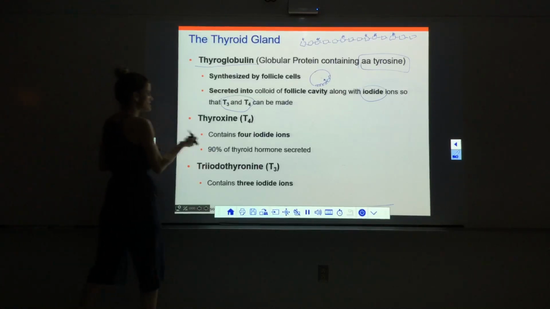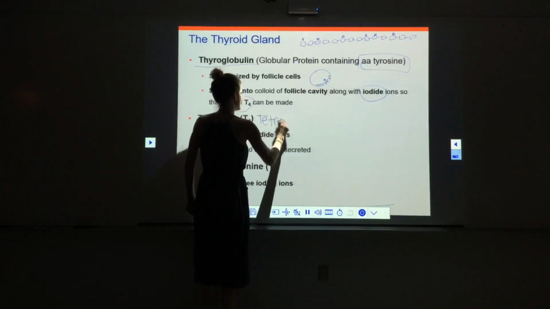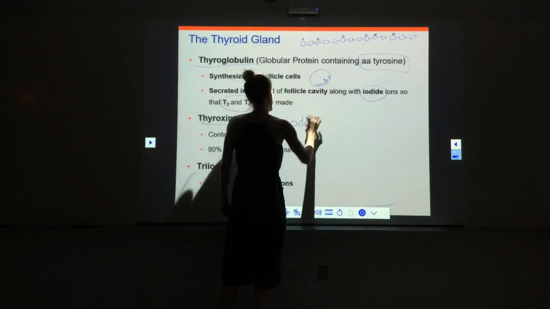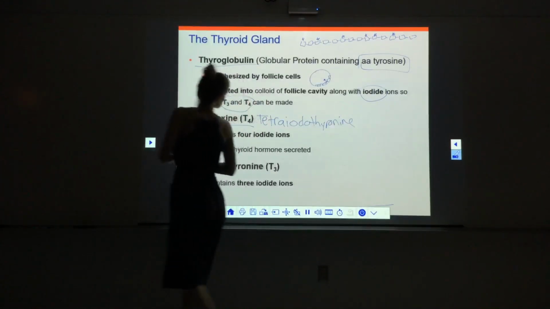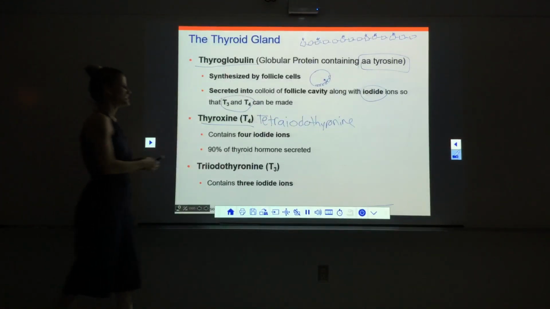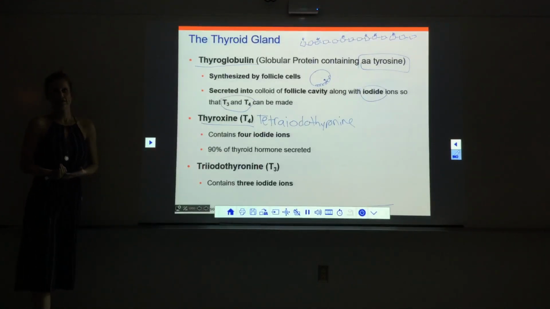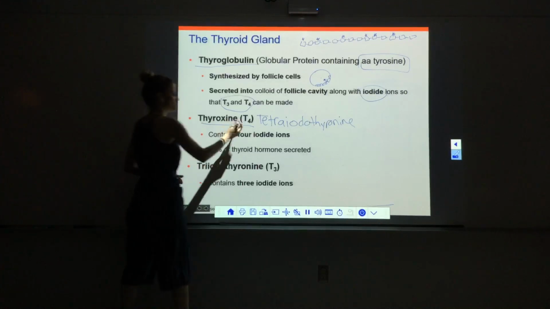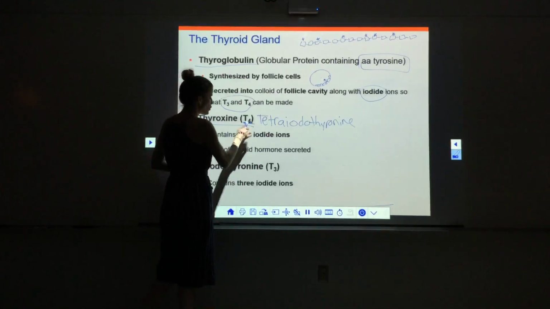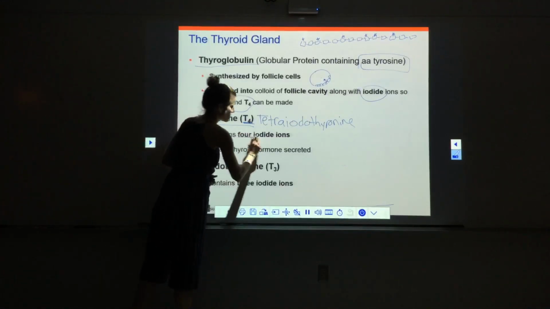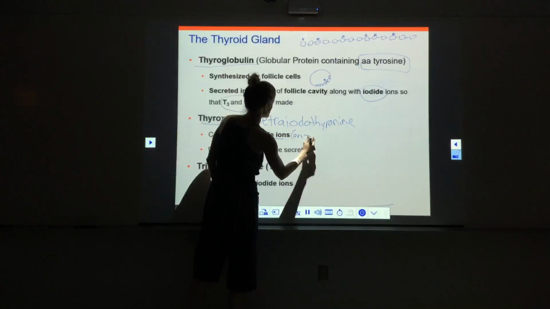Now, thyroid hormones, T3 and T4. Thyroxine is T4, or we also call it tetraiodothyronine. Tetra meaning 4, iodo, so 4 iodide. Hence we call this T4. What we see with T4 is that T4 contains 4 iodide ions attached to the tyrosine.